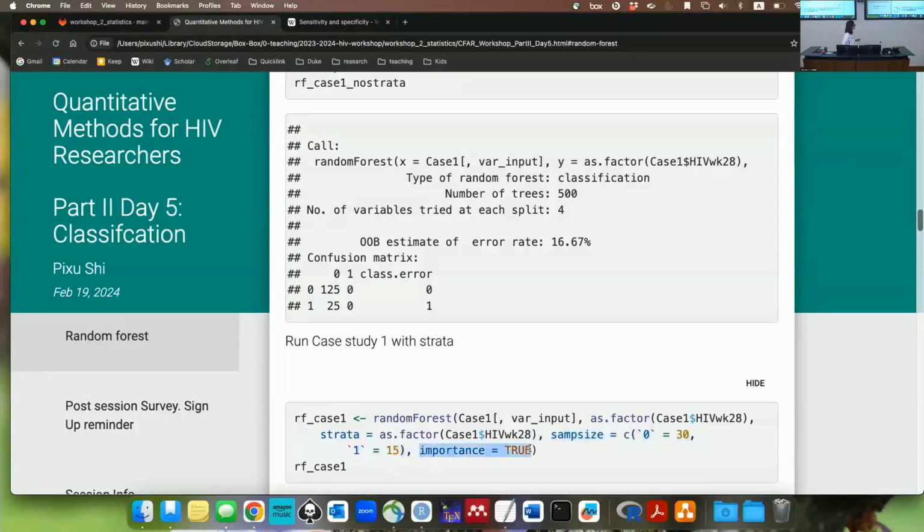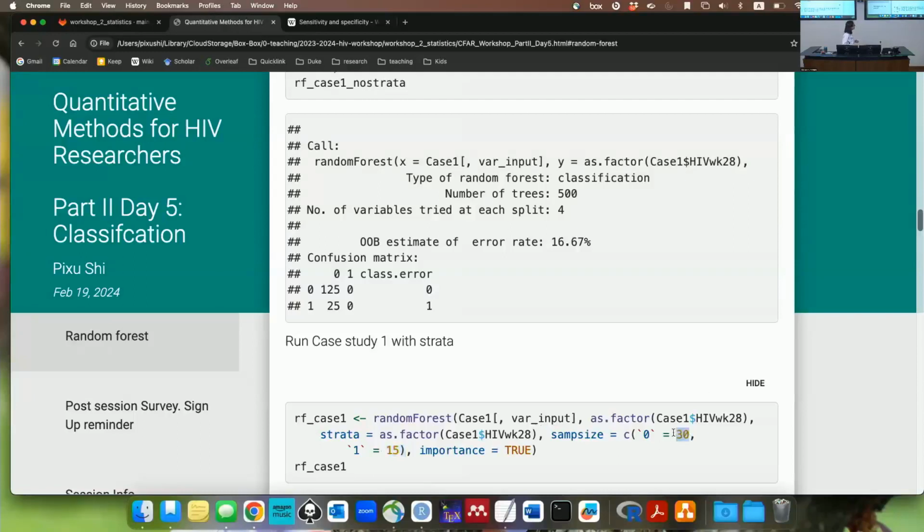And this is telling R to generate the feature importance score. We'll talk about that later. But this is how you specify it. Because we have a very small number of cases, I think it was 25, you don't want this number to be too close to 25, because in that case you're not really doing resampling of the cases.